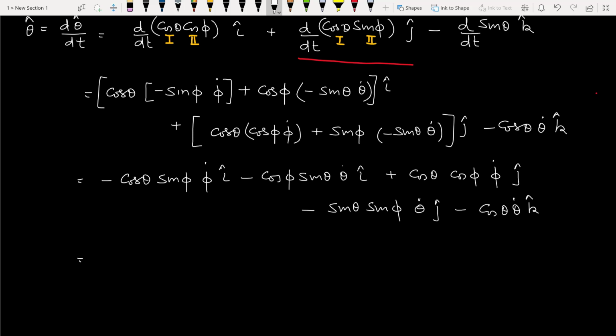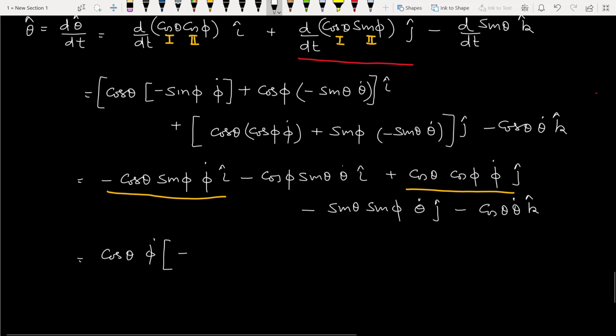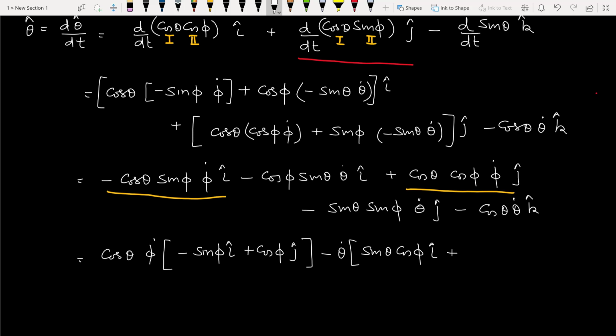So now we have to take common cos theta phi dot from the first term and third term: minus sin phi i cap plus cos phi j cap, and in the rest of the three terms theta dot is common: sin theta cos phi i cap plus sin theta sin phi j cap plus cos theta k cap.